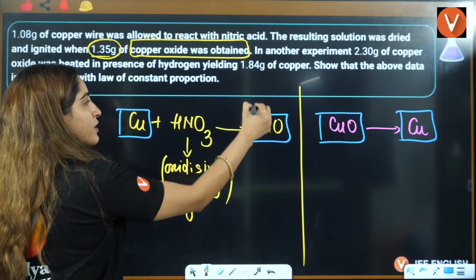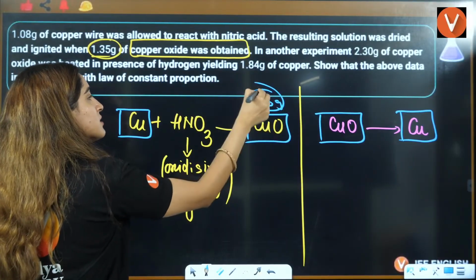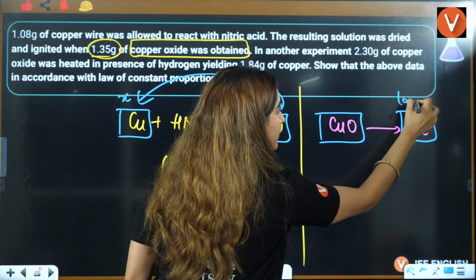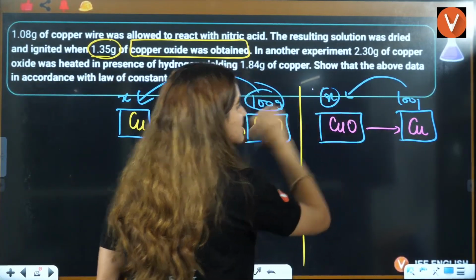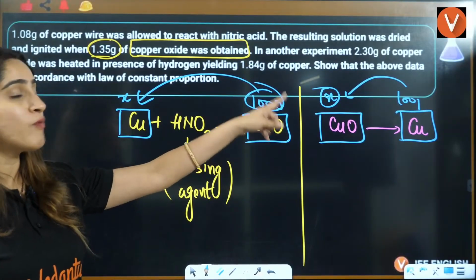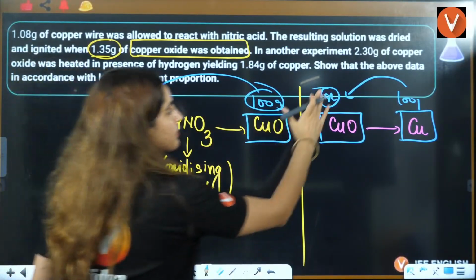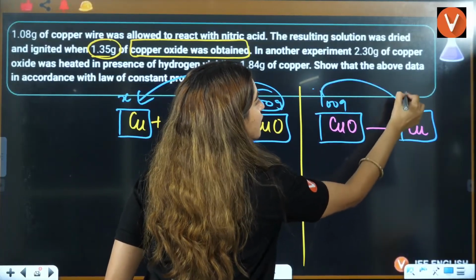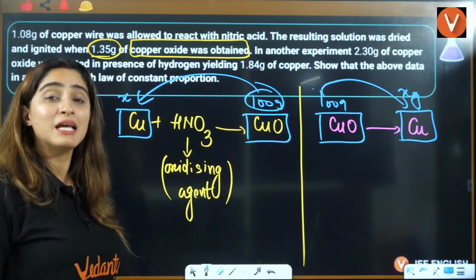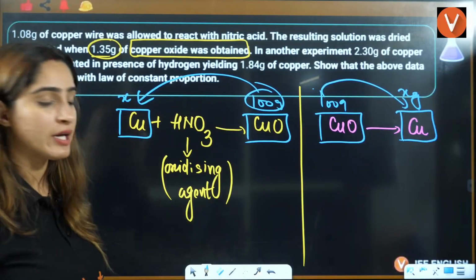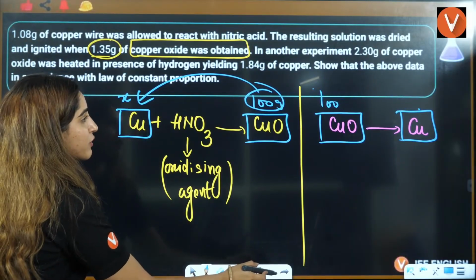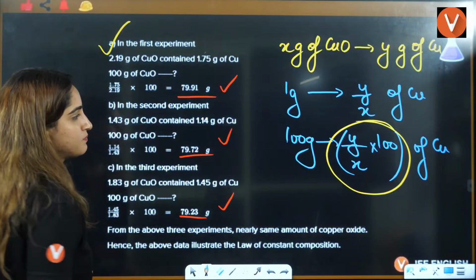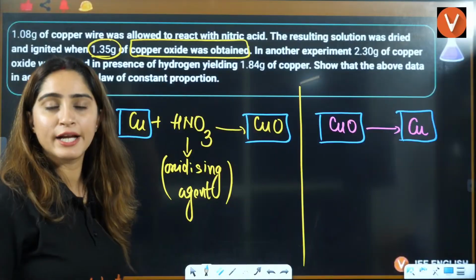Let's say I'm fixing it at 100 grams. This 100 grams should give X amount of copper, and in the other experiment, this 100 grams should also give the same X amount of copper. If it is giving the same X gram of copper, then you can say that it is definitely following the law of definite proportion. Is that clear to everybody or not?